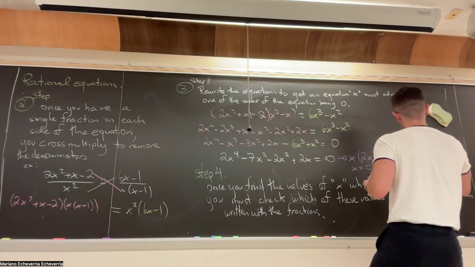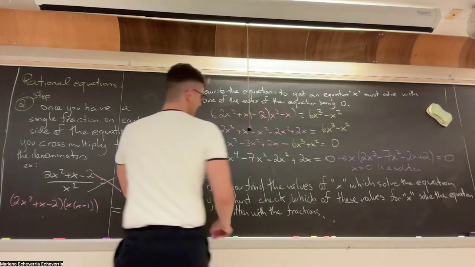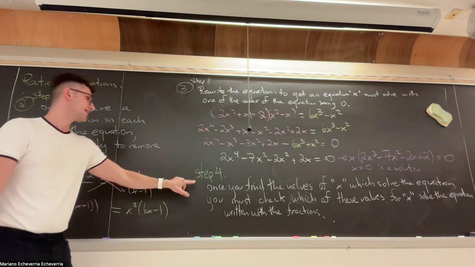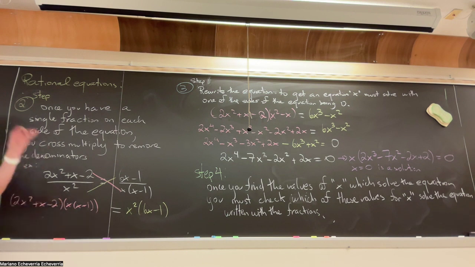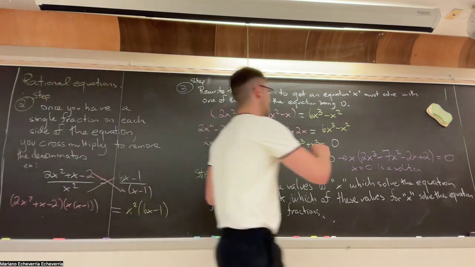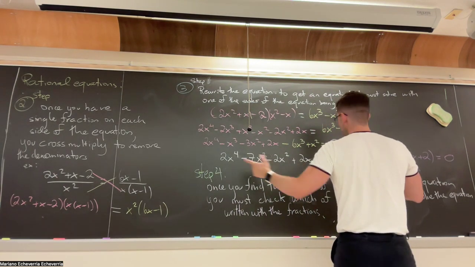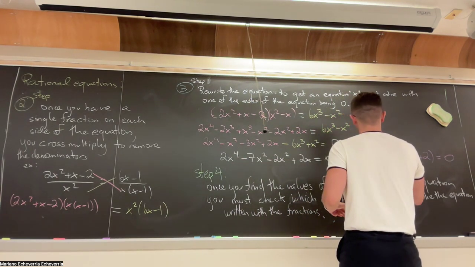But that's what step 4 refers to. If you go to the original equation involving fractions, having x equals 0 is problematic because that would give you 0 in the denominator and that's not allowed. As that is an issue for the original equation, that is a problem.